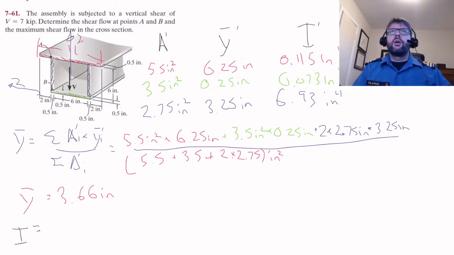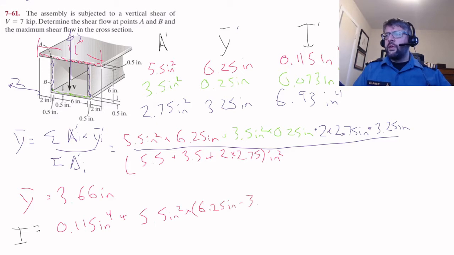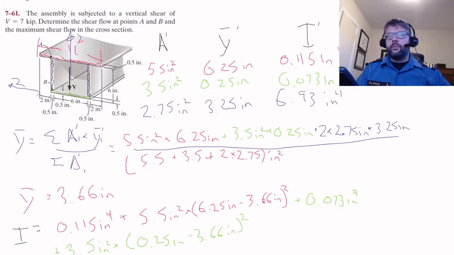So starting on the top, we've got the 0.115 inches to the fourth plus 5.5 inches squared times 6.25 inches minus 3.66 inches, squared, plus 0.073 inches to the fourth plus 3.5 inches squared times 0.25 inches minus 3.66 inches, squared.